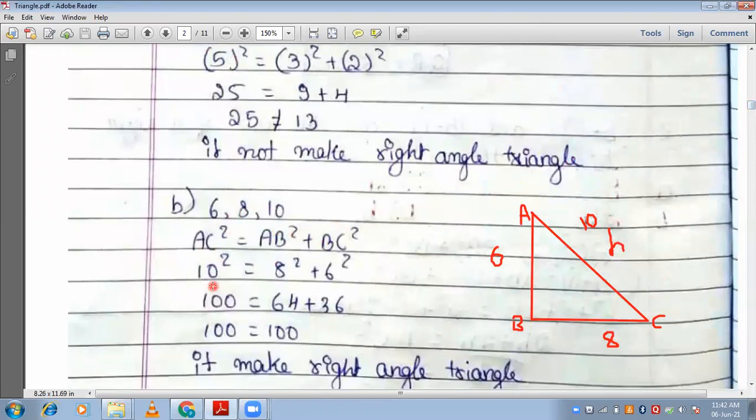Substitute the values. AC is 10. This one is 8 centimeter and this one is 6 centimeter. AB is 8 whole square plus BC is 6 square. 8 8s are 64 plus 6 6s are 36. So 100 equals 100. We get LHS is equal to RHS. So it makes a right angle triangle. So which option is right? Option B is correct.